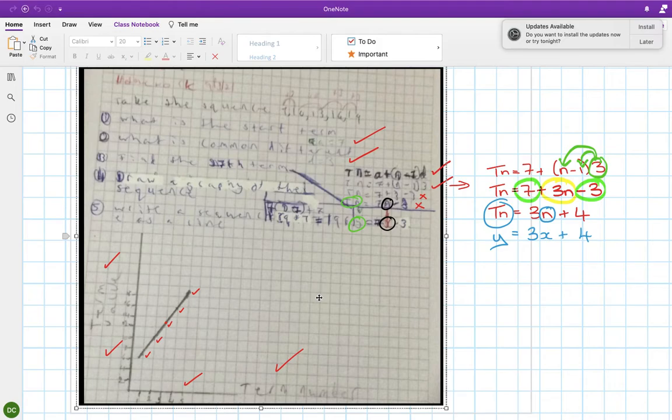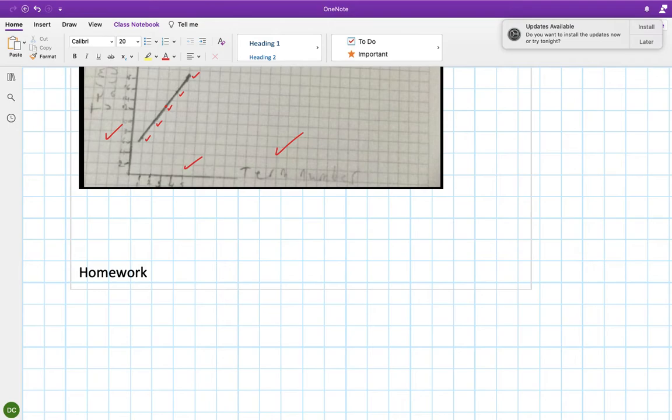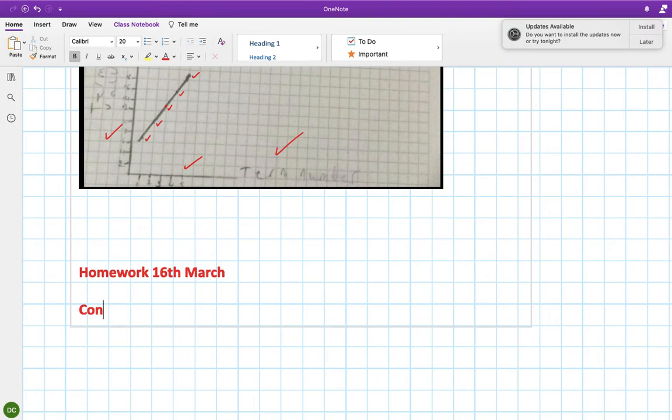Okay. So for this week, I'm going to get you to do another one of them. And next week, we're going to take it a step further. So today is the 16th of March. Okay, so we're going to consider the, oh my God, can't spell. Consider the sequence.